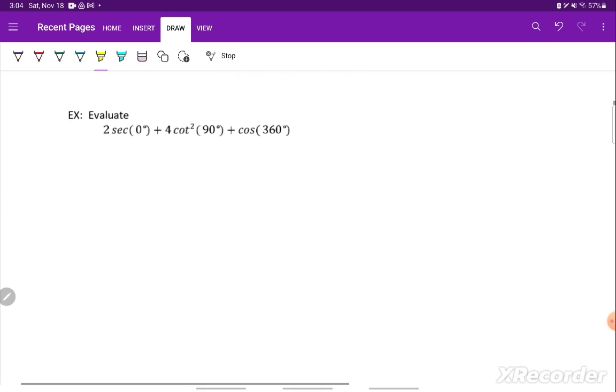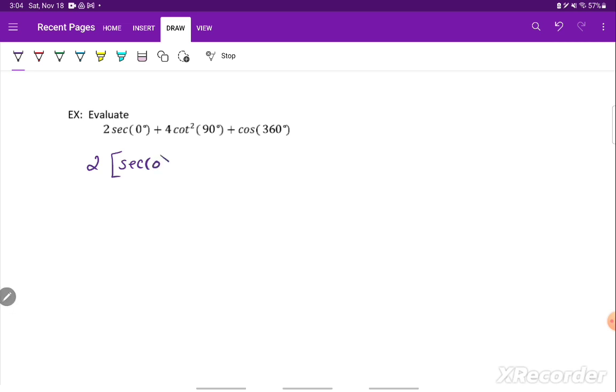Well, we want to evaluate 2 times secant of 0 degrees plus cotangent squared of 90 degrees plus cosine of 360 degrees. All right, so we need to find these 3 separate trig function values.